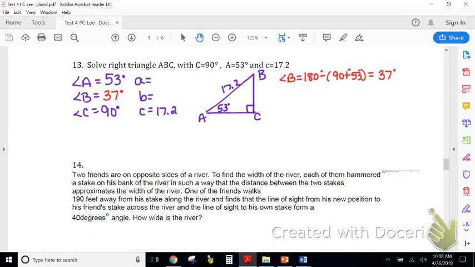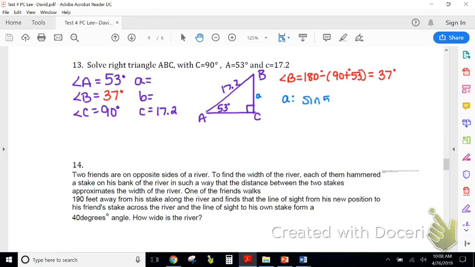So let's go find side A. How are we going to find side A? Which is across from angle A, right? So how do I find that side? What is that side to the 53 degrees that they gave me? Opposite. And they gave me the 17.2, which is what side? Hypotenuse.